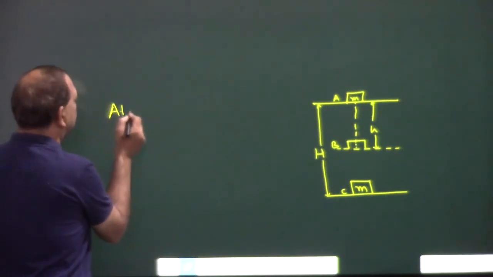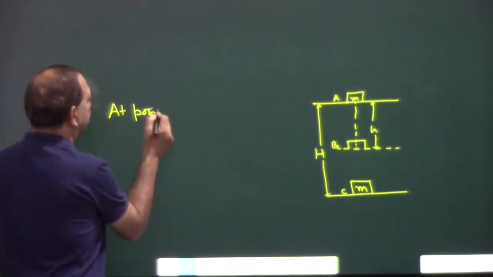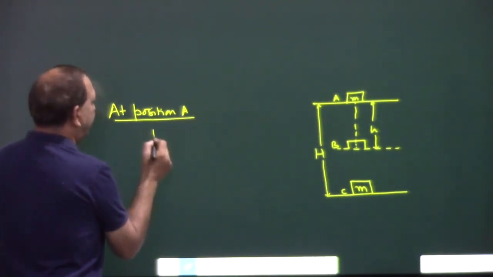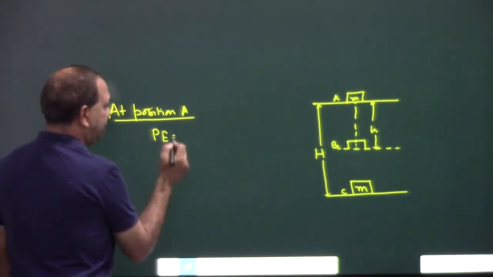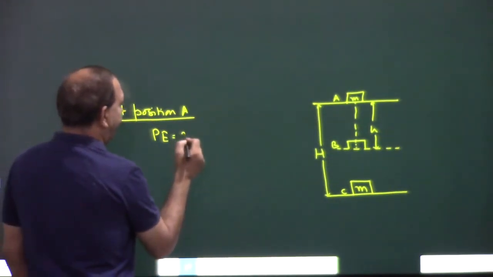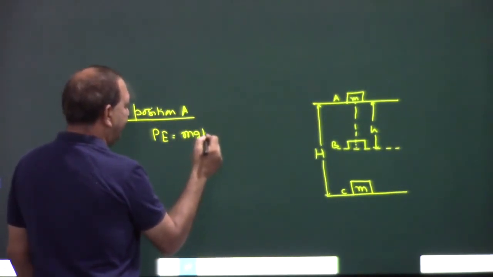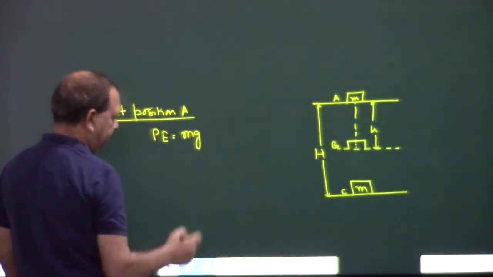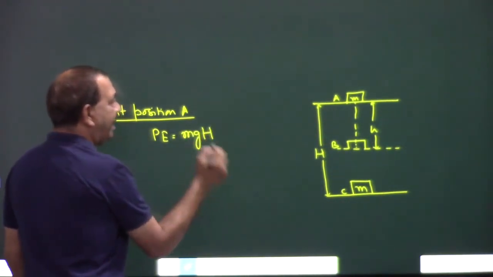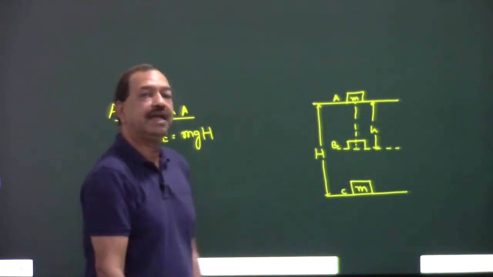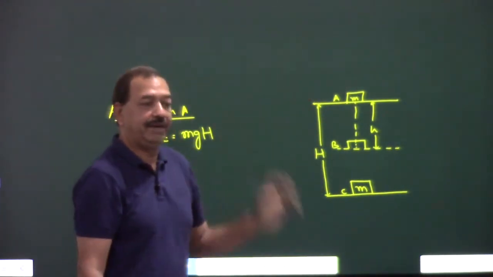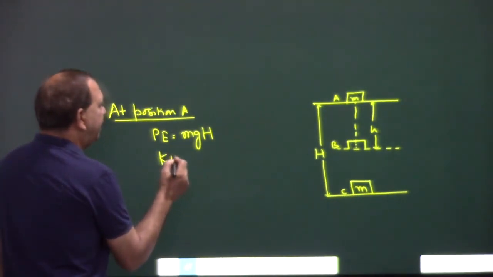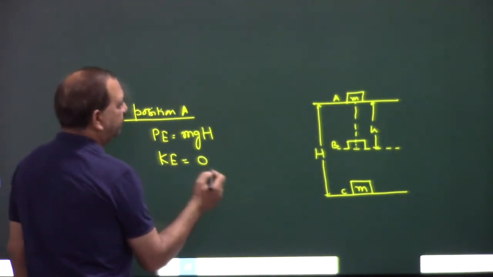at position A, potential energy is equal to mgH, because the height is capital H. And kinetic energy at position A is 0.